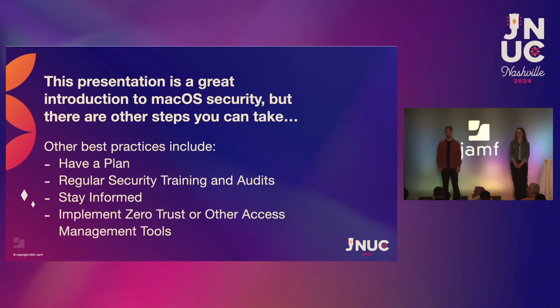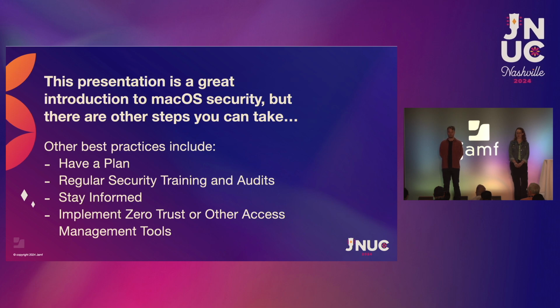Again, employees are our first line of defense. All the security tools and controls in the world can't stop users from simply handing out their credentials and subsequently enabling access to your environment. Make sure your users are aware of what security threats are out there and regularly validate they respond appropriately to them. Stay informed about emerging threats, evaluate and validate your environment is protected against them, and consider implementing zero trust or some other access management tool.